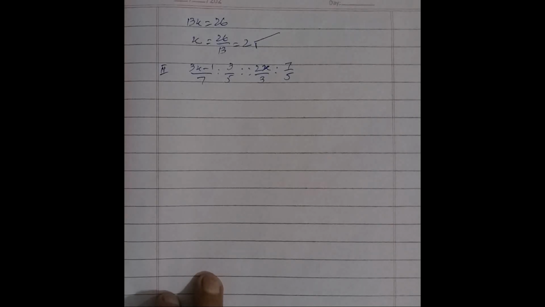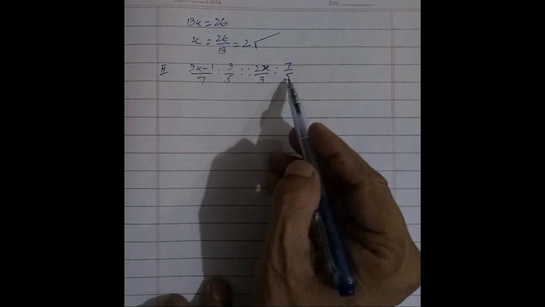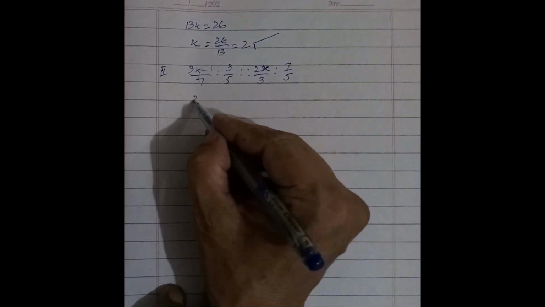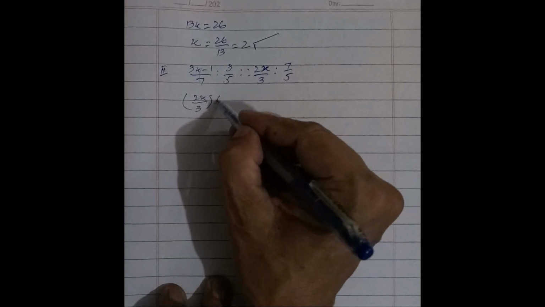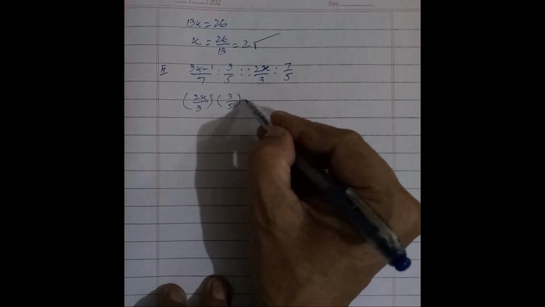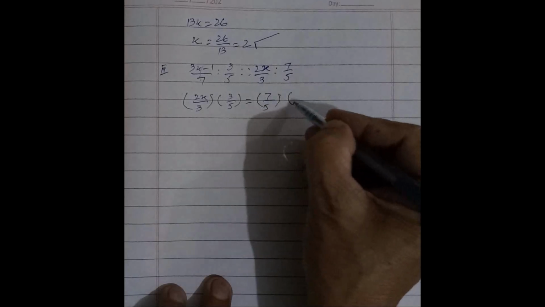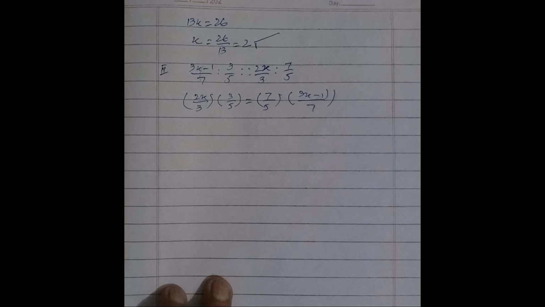In this part, the same procedure. Product of internal values is equal to product of the external values. So we multiply internal values, which is 2x over 3 multiplied by 3 over 5 is equal to 7 over 5 into 3x minus 1 over 7.